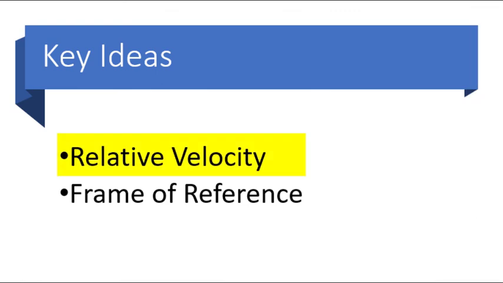The relative velocity between two objects is the difference in their velocities from the ground frame of reference. The relative velocity is dependent on the frame of reference, unlike the relative displacement, which was independent of the frame of reference.